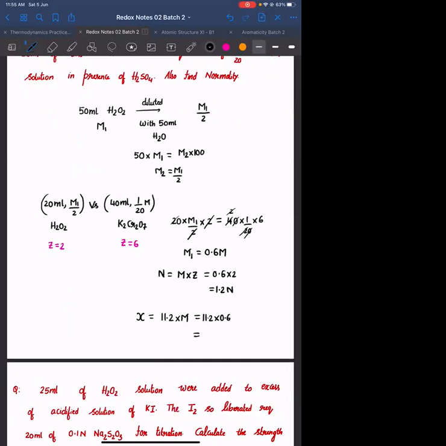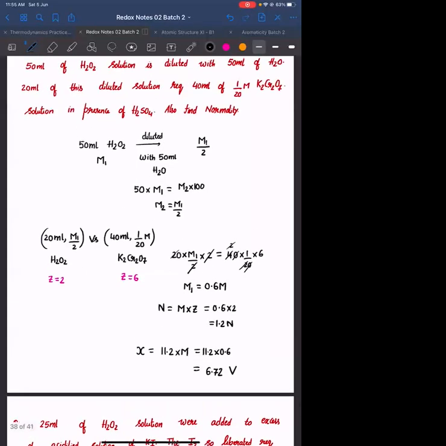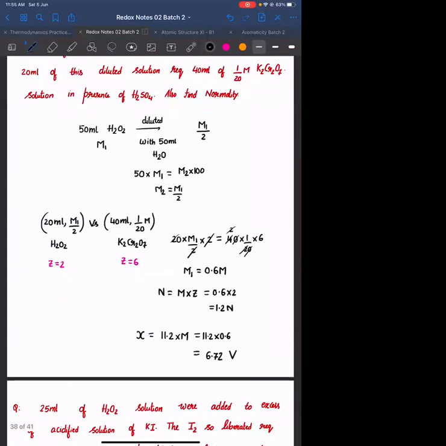How much will this be? 6.72. 6.72 volume. Okay. What is the meaning of 6.72 volume? If I take 1 liter of this particular solution, it will give me 6.72 liters of O2 at STP according to that given equation. H2O2 gives rise to H2O plus O2.